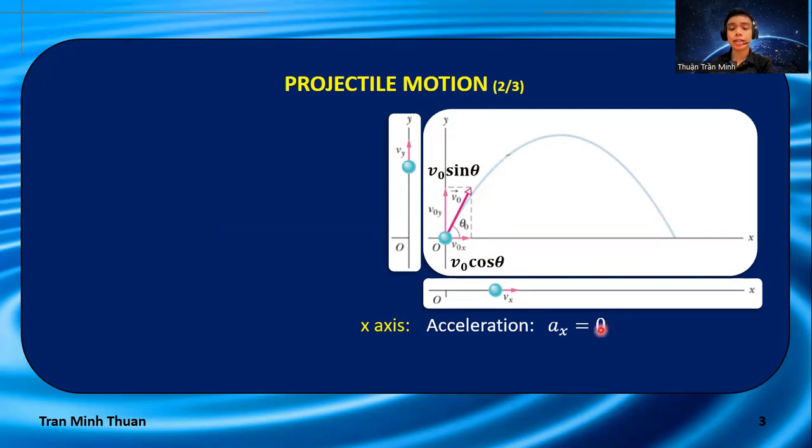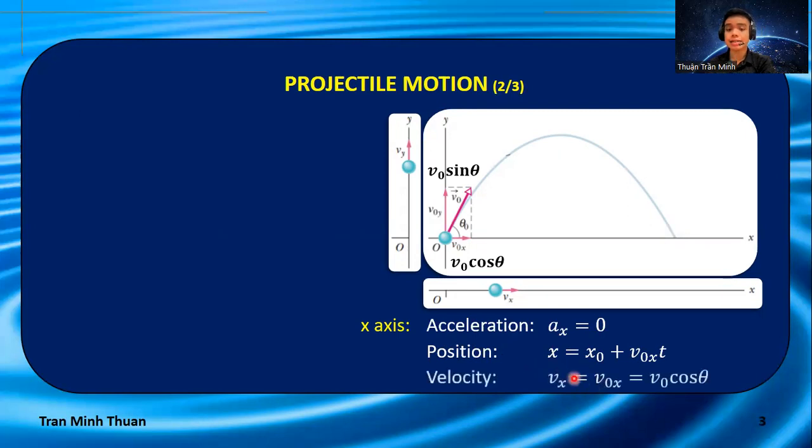So we have the equation of the position of the object as follows: x equals x naught plus v naught x t, and the velocity equation of the object is vx equals v naught x equals v naught cosine theta.